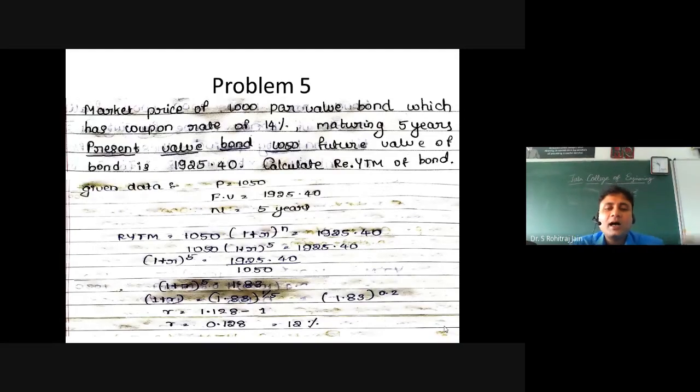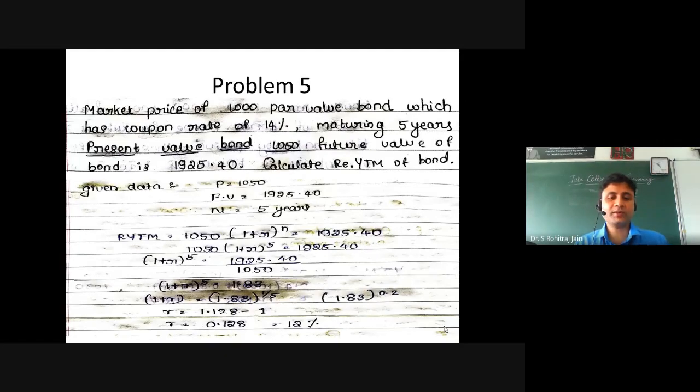Now r is still there on the left hand side, and attached to r is 1 plus r. There is a sign over there, plus sign, right? So r which is there on the left hand side will be equal to 1.128 minus 1. From where that 1 came? From left hand side to right hand side. Please understand, okay? So r is equal to 1.128 minus 1.